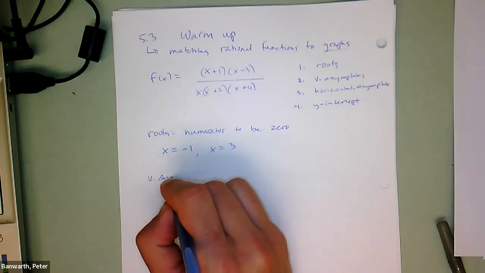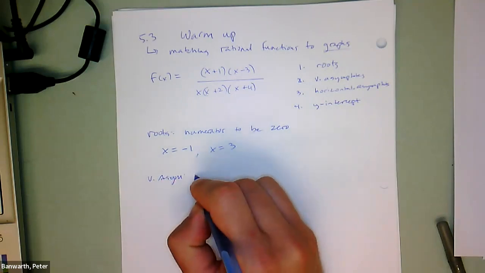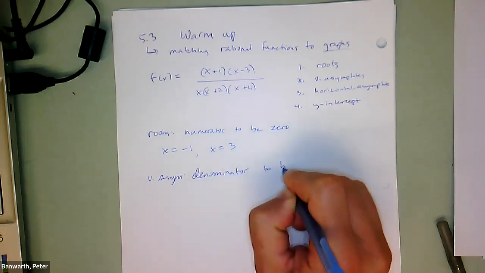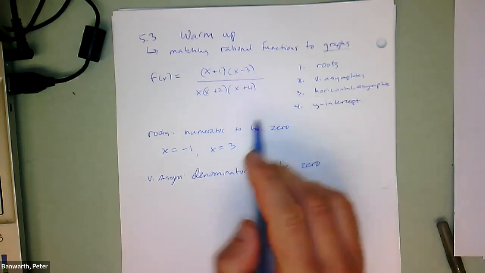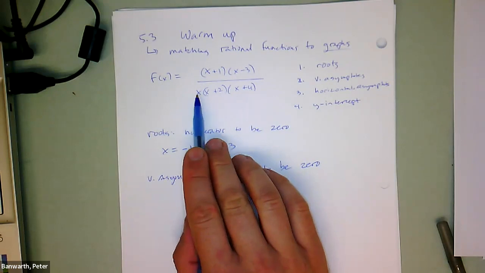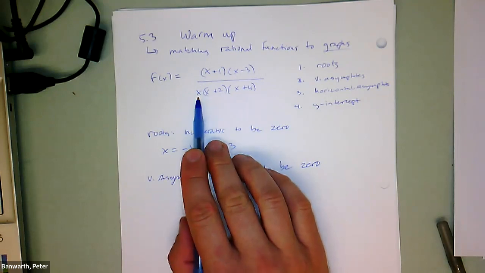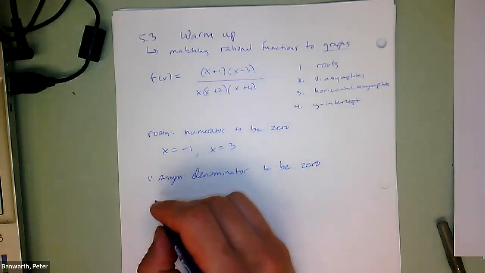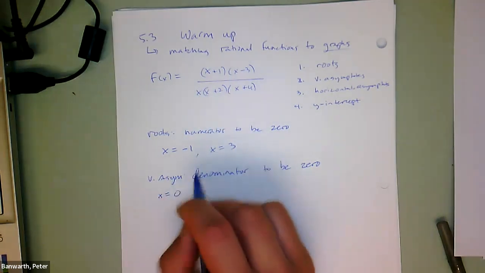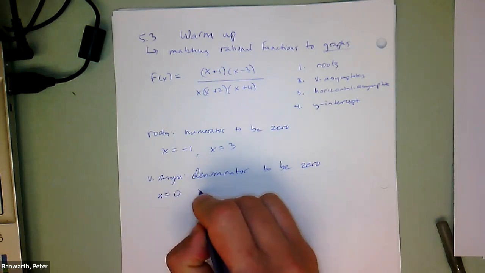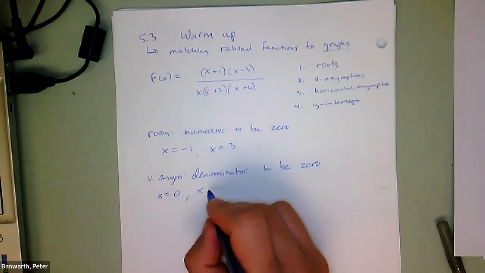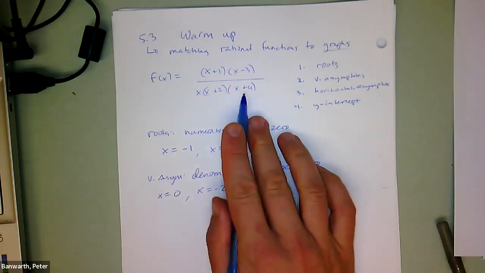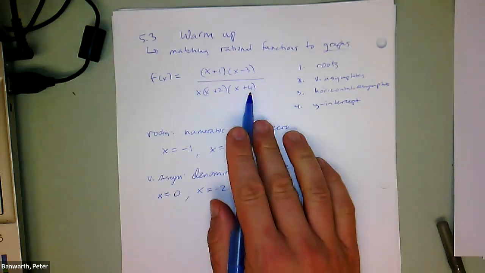Our vertical asymptotes, we want the denominator to be 0. Because if the denominator is going to 0, the whole thing's going to get very, very large. And so we have a vertical asymptote at x equals 0 for that one, x equals -2 for that one, and x equals -4 for that one.